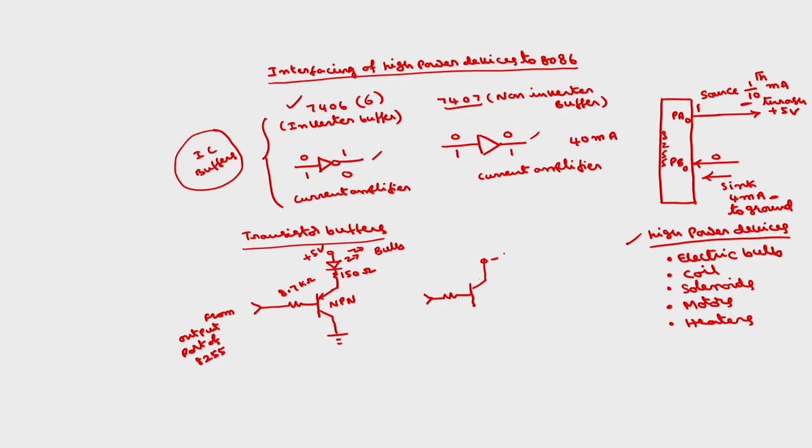The collector is connected to plus 5 volts, the emitter is connected to the LED, this is 150 ohms, this is also from the output port. This resistor value will be 2.7 kilo ohms.